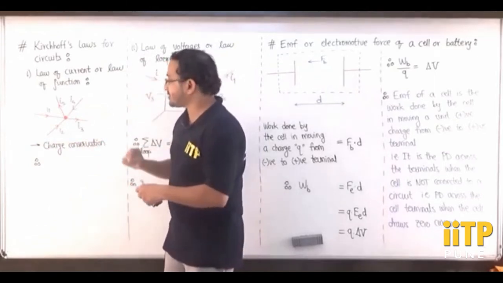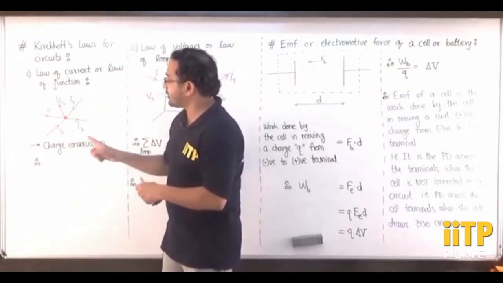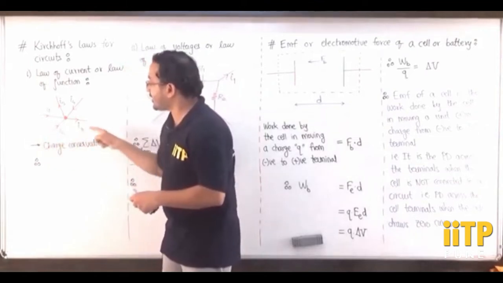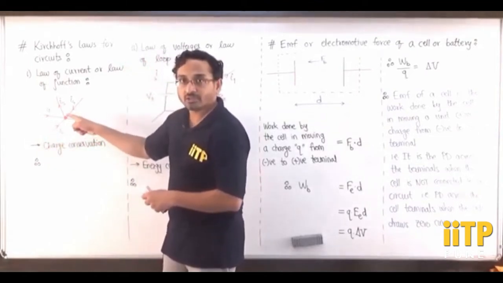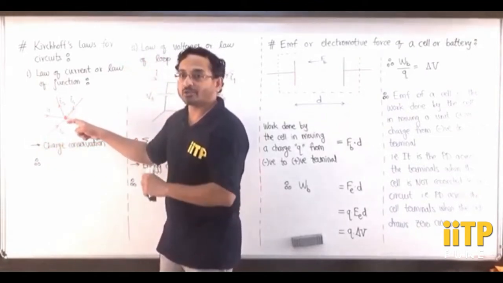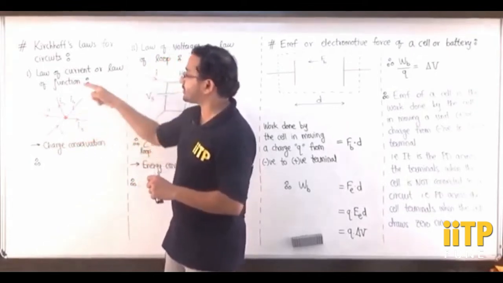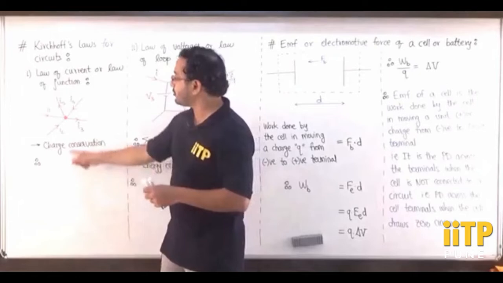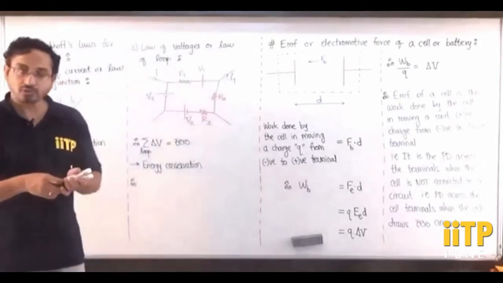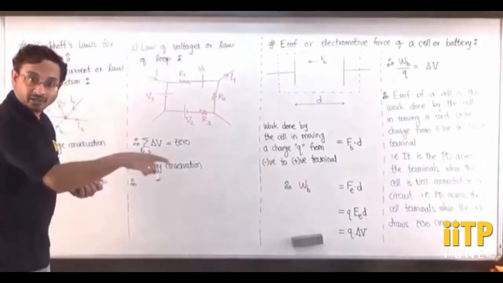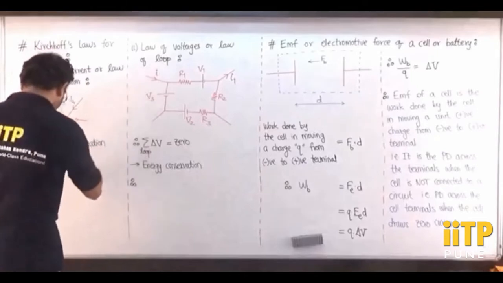Hence, this dictates that the total current which is going in or towards the junction must be exactly equal to the currents which are coming out. So for this particular junction, we can now write the total currents which are coming in, or going towards the junction.